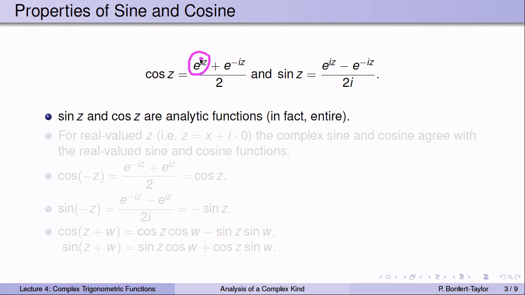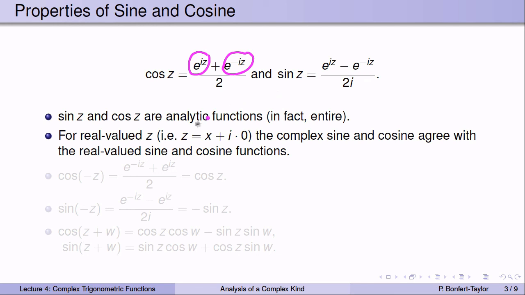The function z goes to i times z is analytic, and so you see a composition of those two functions right here. We're adding another analytic function and then dividing by 2. So by the rules of analytic functions, the cosine function is an analytic function, and similarly the sine function is an analytic function. Since they're analytic in the entire plane, they're in fact entire functions.